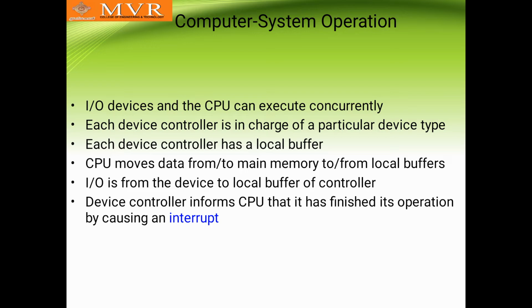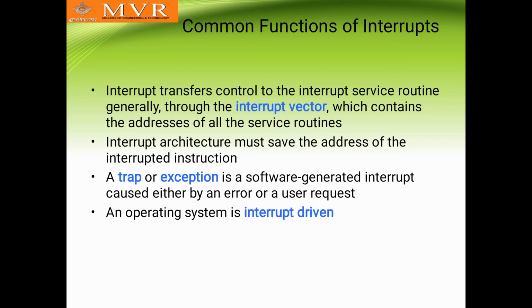The CPU moves data from main memory to local buffers and back. Input/output is from the device to the local buffer of the controller. The device controller informs the CPU that it has finished its operation by causing an interrupt.